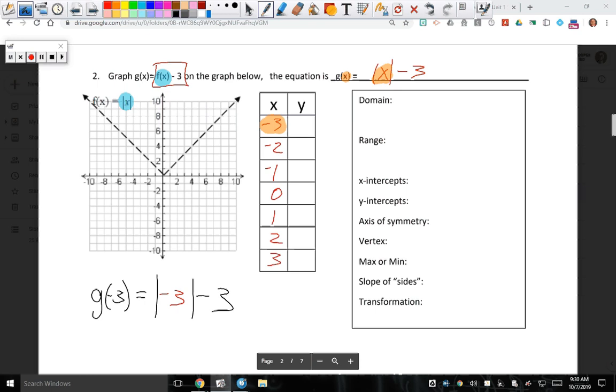We're inputting an x value that is negative 3. Okay, here we go. Aaron, what would I get just from this piece? 3. Now I still have to do this leftover part. And anyone, what would my answer be? 0. Okay, and now go ahead and plot it. Negative 3, 0.